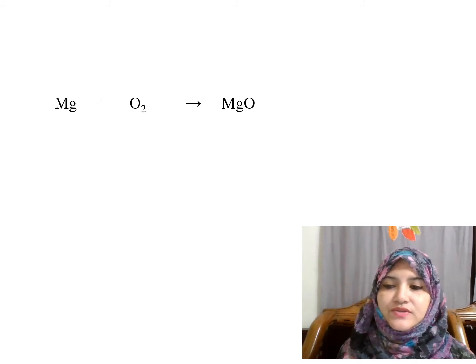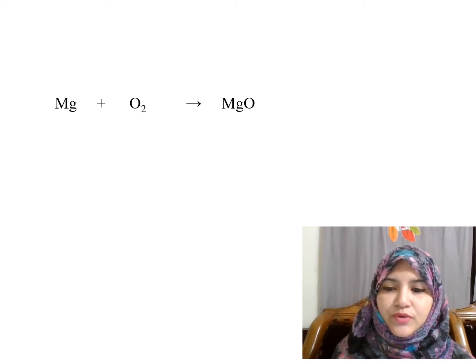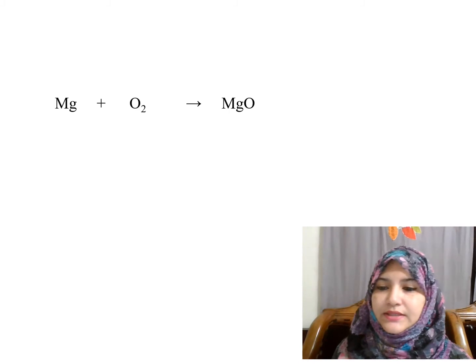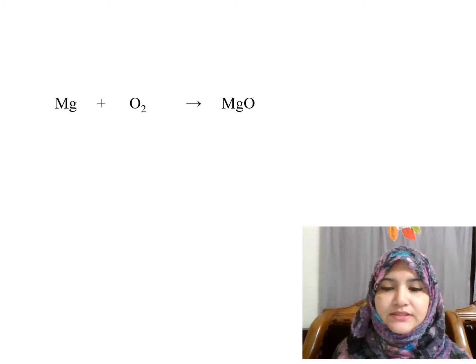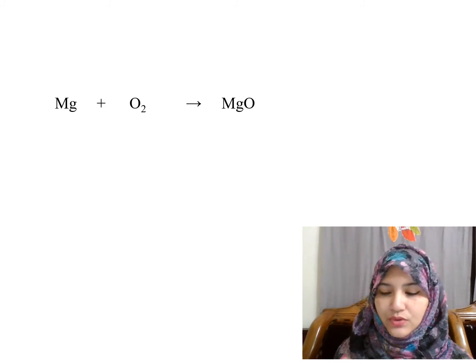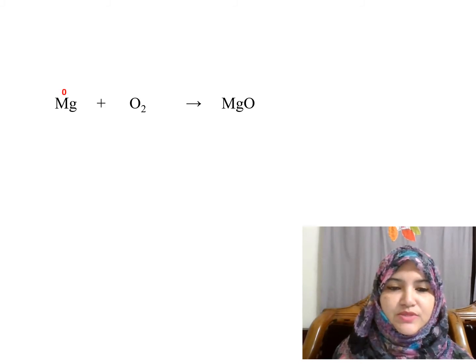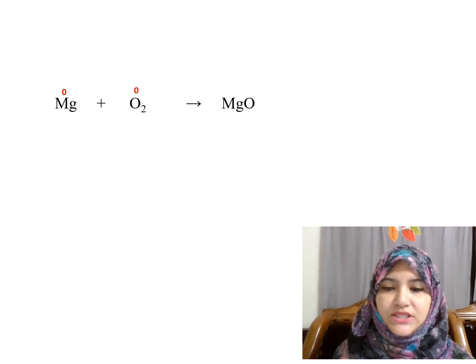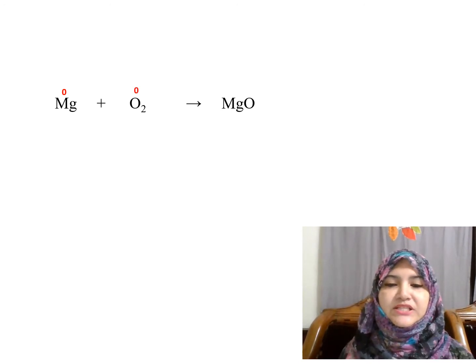Electrons are being transferred from one element to another, and you have known that the oxidation number of any pure element is 0. Here magnesium is a pure element and oxygen also. The oxidation number of any pure element is 0.